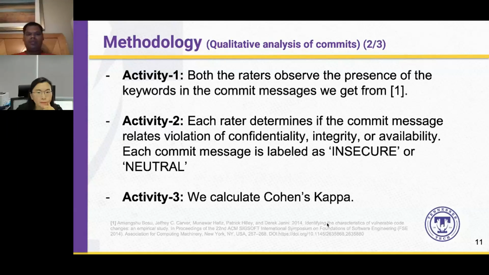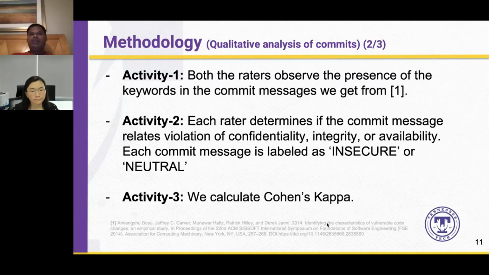The prior work was conducted by Bose et al. In their FSE paper, they used a set of keywords to find out if security vulnerabilities appear in code review reports, like issue reports or Jira reports. We took those keywords, applied them to commit messages, and filtered out a set of commits for which those keywords appear.